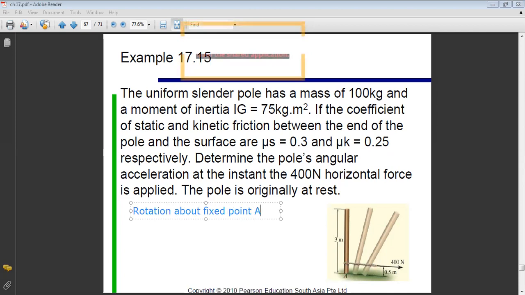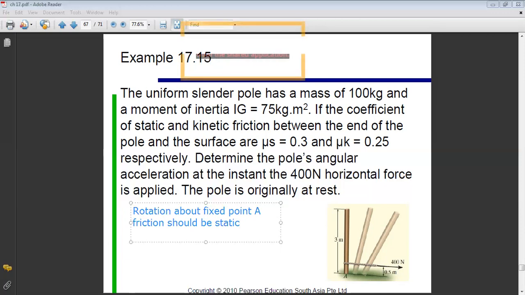If I have rotation about A as a fixed point, what is the condition? VA is 0, and because I don't have motion at A, my friction should be static.